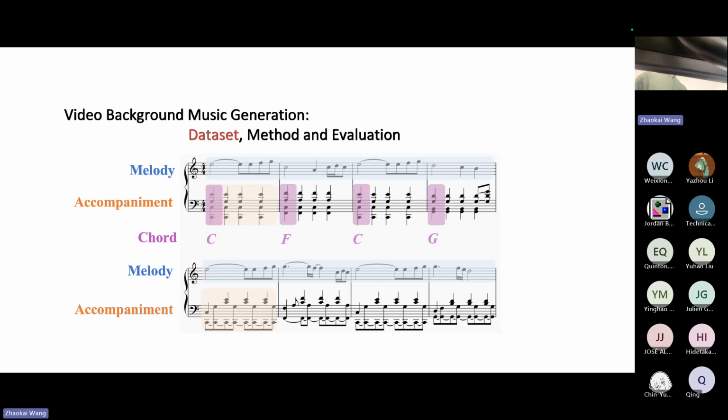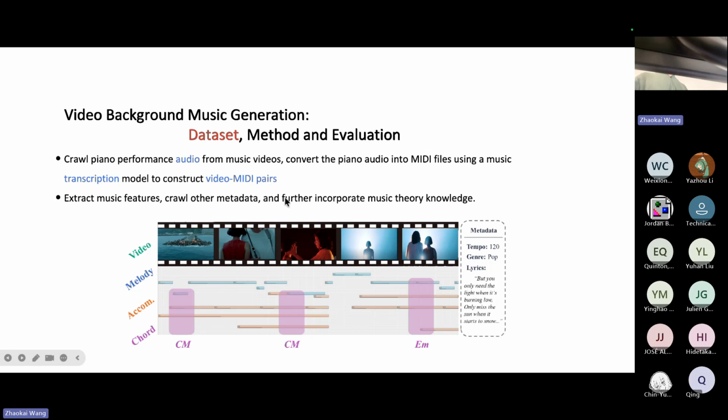So we crawl some music performance audio from music videos, and we convert this audio into MIDI with music transcription models, and we construct these video-MIDI pairs. We also provide other metadata like the tempo, the genre, the lyrics, and other music theory knowledge.